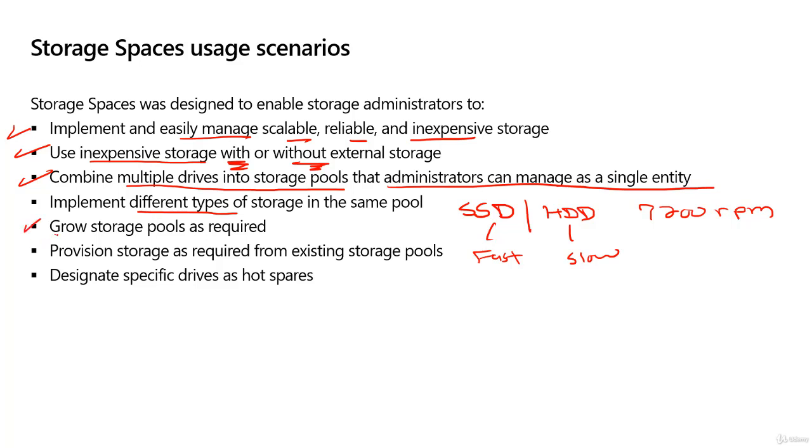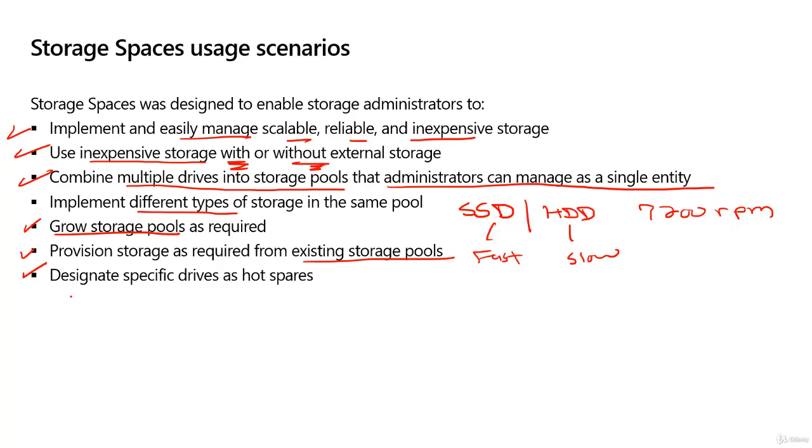As we said earlier, add drives whenever you need to increase the size of your storage pool. Now, we can provision storage as required from an existing storage pool, assuming we have free space. Because when you create the storage pool, we then create our virtual disks and drives from that storage pool, and we size them based on whatever our needs actually are. So if you have unused space, at any point you can come back and extend drives you already have or create new drives.